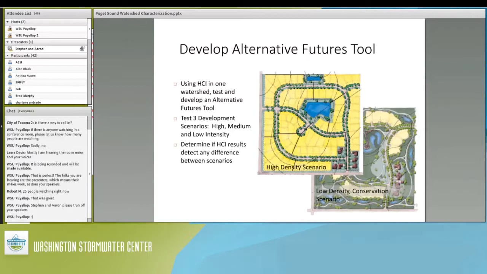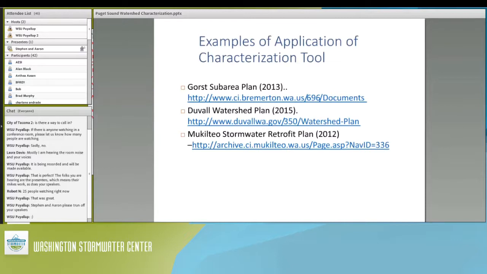And then the alternative futures tool would essentially, we haven't designed it yet, but someone could go online, we hope, and draw a polygon, select from a menu from high density to low density, and then place that on the watershed in different locations, and the HDI tool would then calculate what the impact of that particular development would be. So this would be a way that you could essentially gameplay what different types of development would do in a more explicit way that users could see, again, getting at that cause and effect type of approach or desire on the part of stakeholders and citizens.